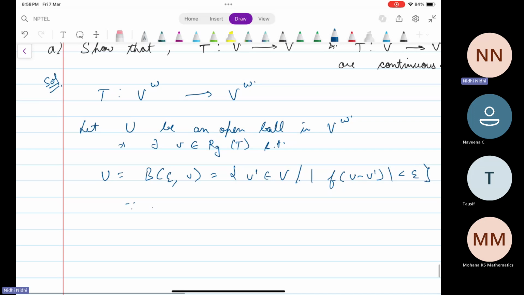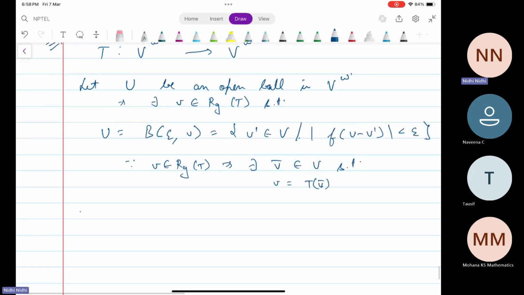Now since v belongs to range T, there exists some v bar in V such that v is equal to T v bar. This implies U is equal to the set of all those points v prime in V such that |f(T v bar) minus f(v prime)| is less than epsilon.